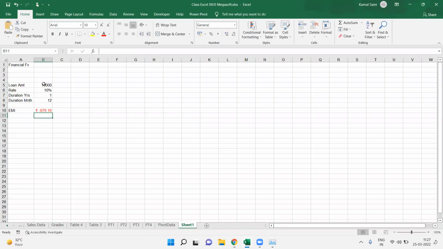Now, why are you getting a negative number? We are getting a negative number because you are paying EMIs to the bank, so it's a cash outflow. By default, you'll get this kind of formatting, and the number is showing in the negative form.